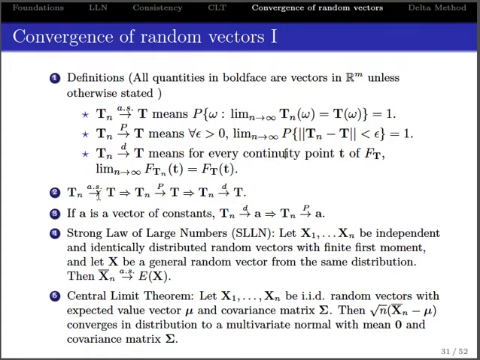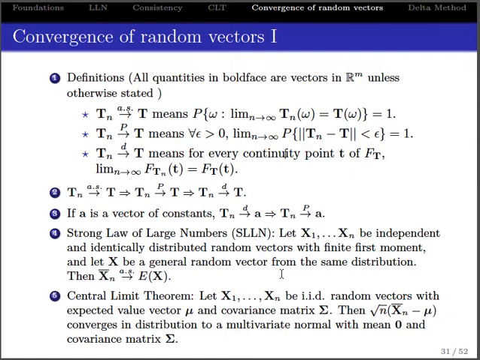Again, for vectors, you have almost sure convergence implying convergence in probability, which in turn implies convergence in distribution. And if a is a vector of constants, you've got this partial converse where convergence in distribution then implies convergence in probability to that vector.